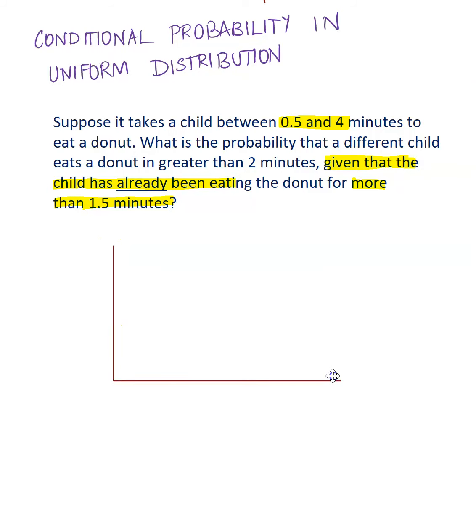So typically, this is how it looks. You have the x, and then you have the p of x. And the x stands for the number of minutes the child takes to eat a donut.